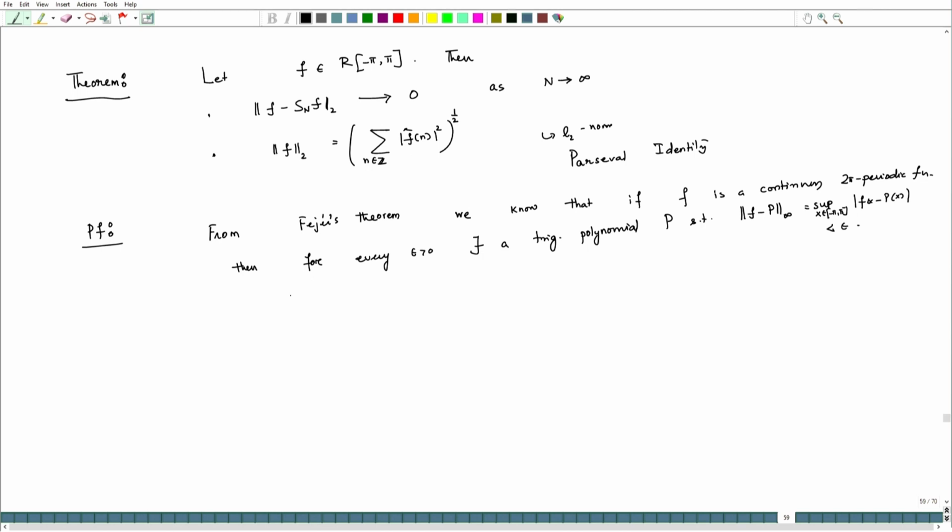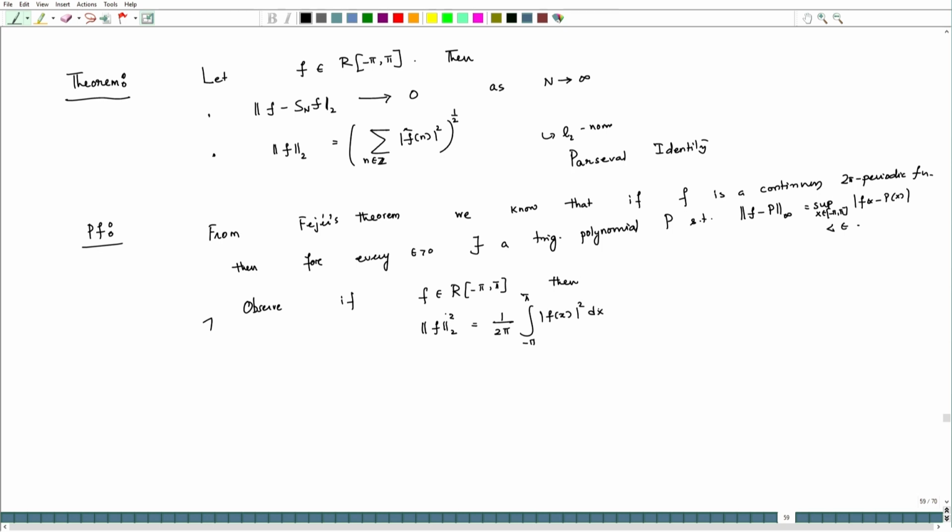Okay. And now let us look at what I am defining here. Suppose f is Riemann integrable on minus pi to pi. Then the 2-norm squared is equal to 1 by 2 pi times the integral from minus pi to pi of |f(x)| squared dx.